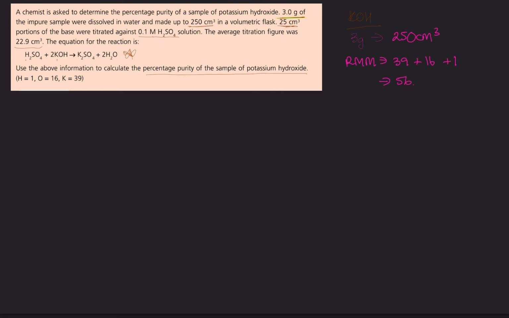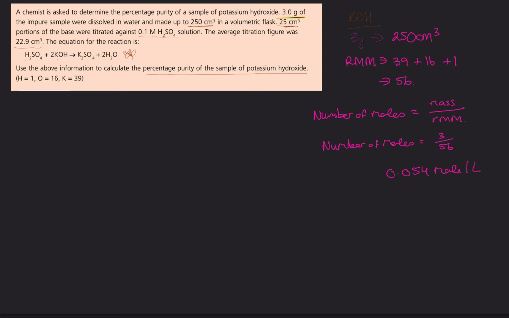Now, if you use the formula, number of moles gives you your mass over your relative molecular mass. You work out the number of moles that you should have there. Okay, 3 over 56 then, if you put that into the calculator, you get 0.054 moles per litre.